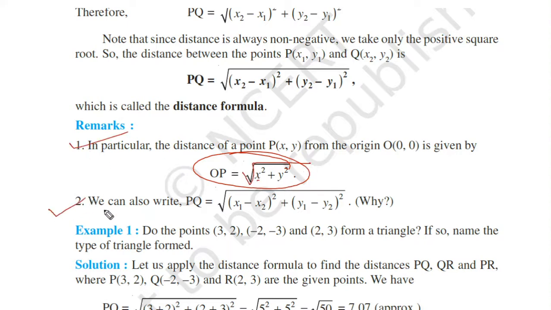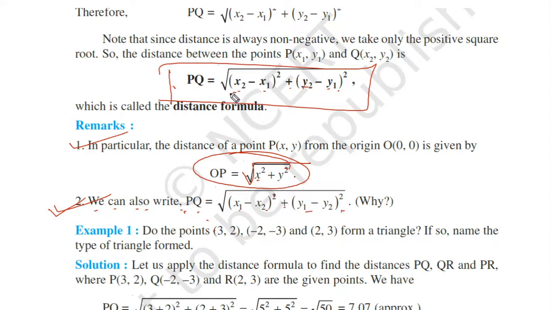Now in question number 2, we can also write PQ. Here we write the formula for us. PQ equal to, the formula was x2 minus x1 square plus y2 minus y1 square. But it is saying the formula can also be written in the form of x1 minus x2 square plus y1 minus y2 square. How is it possible?